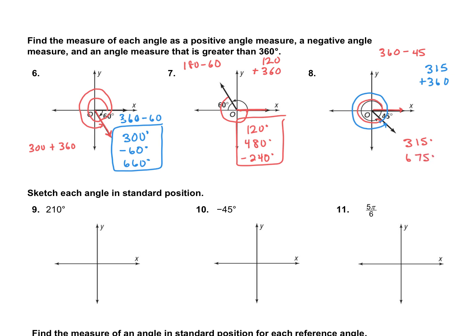So that's our angle that's greater than 360. And then last is we just need our negative angle. So our negative angle, if we just start on our terminal side and go down to there, we can see that's a 45-degree angle, but if we're going down, that is a negative 45-degree angle.